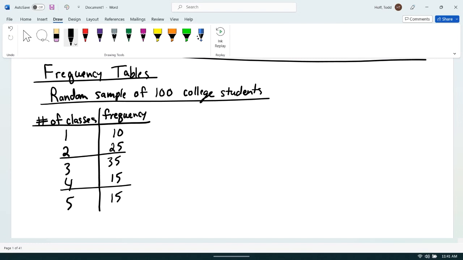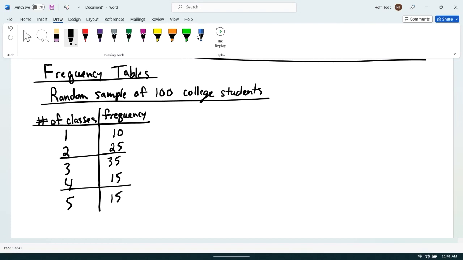Now, since this is online paper, I just put those little lines across there to help us keep track of things. So this frequency table, we used it in the last unit to make a bar graph, or even if it was categorical data, to make a pie chart or a circle chart.